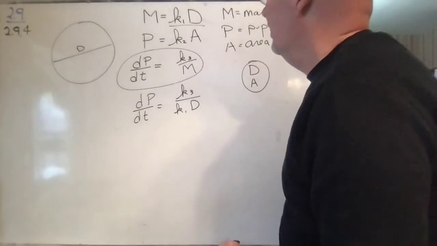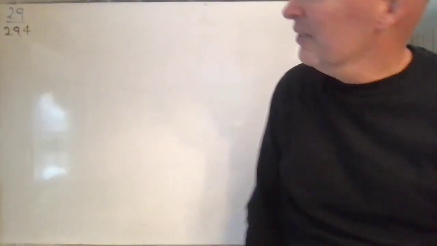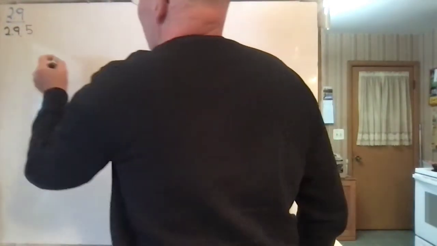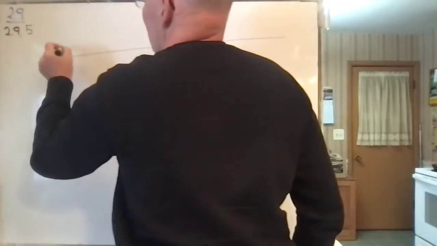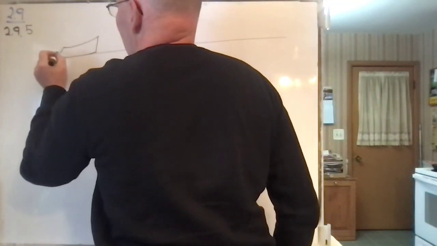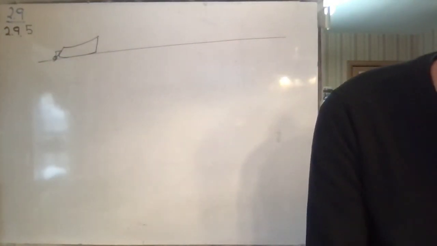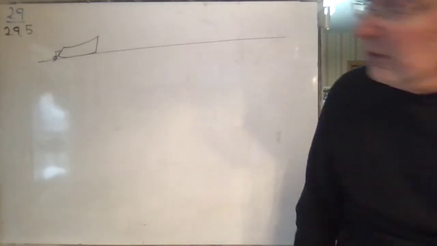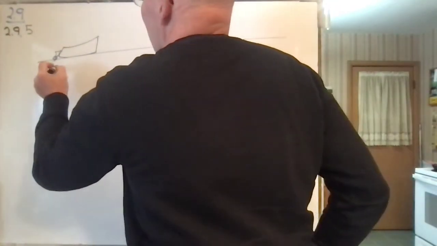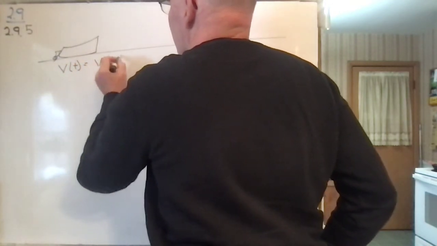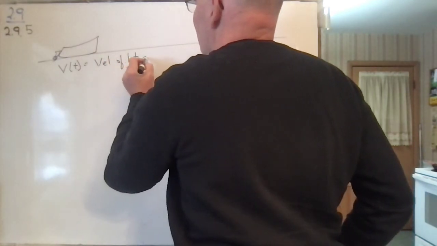Number 5 is one of my favorite problems that I made up myself. Here's what's going on. You're in a speedboat, motor on the back, and you turn off the motor. At time equal to 0, v of t is the velocity or the speed of the boat at time t.